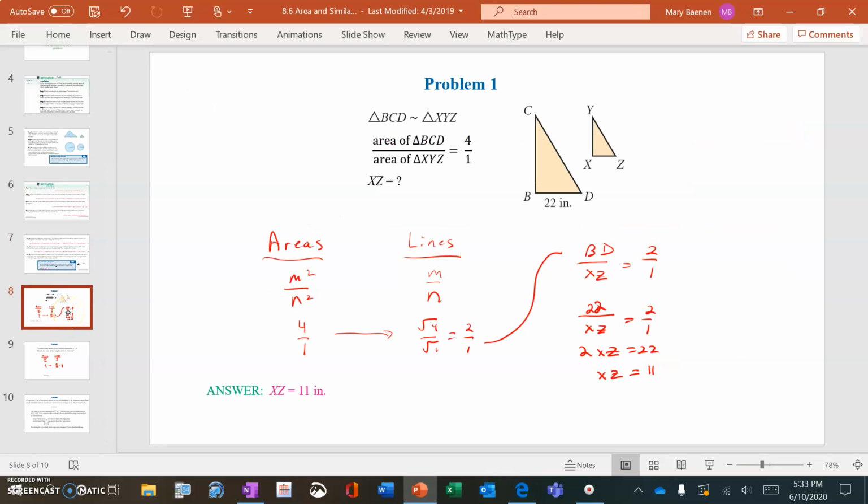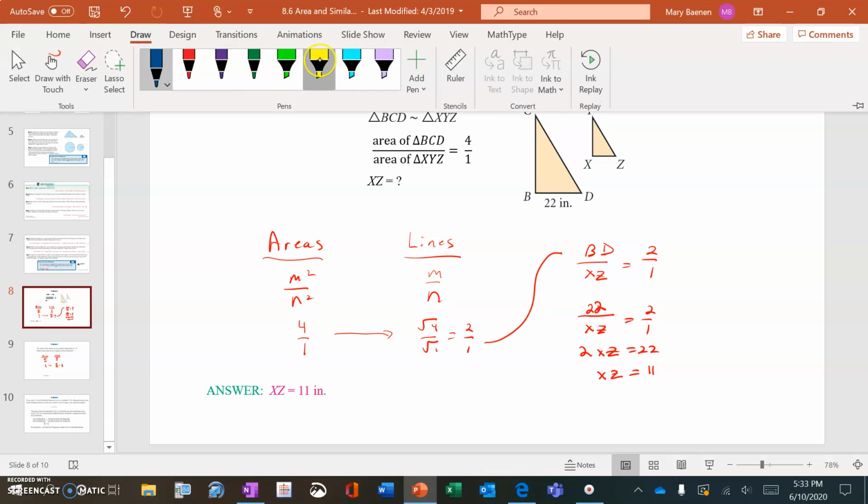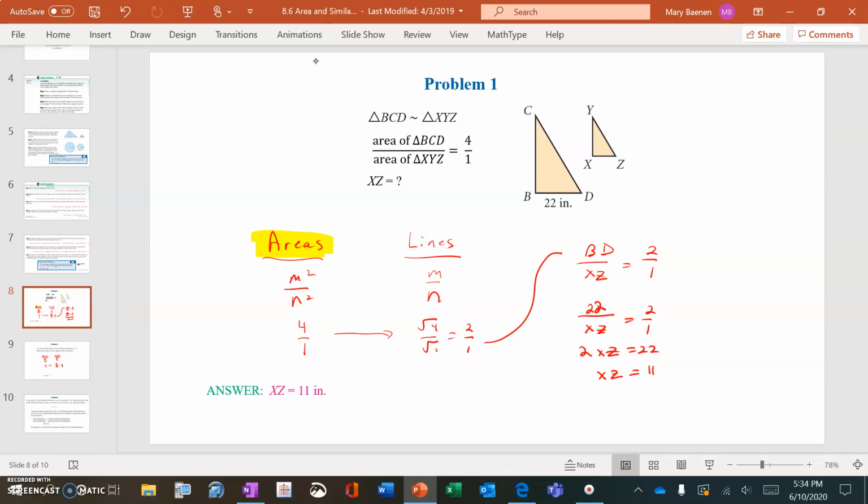Problem number 1 says that these two triangles are similar to each other, and they tell you that the area of the left one over the area of the right one is 4 over 1, and they want you to find out what XZ is. So first I look at the areas, because that's what they're talking about. The areas are in the ratio of 4 over 1.